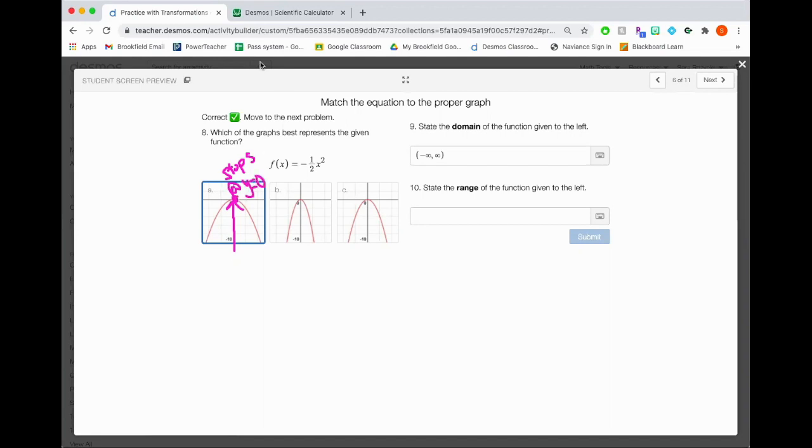So that's the highest y value, and it's coming from down below, so it's going to be -infinity, comma 0. The graph starts really low and continues to creep up, so that's why it starts at -infinity.